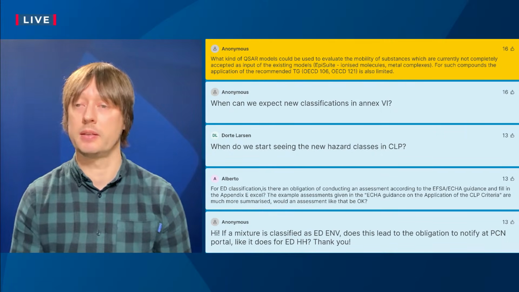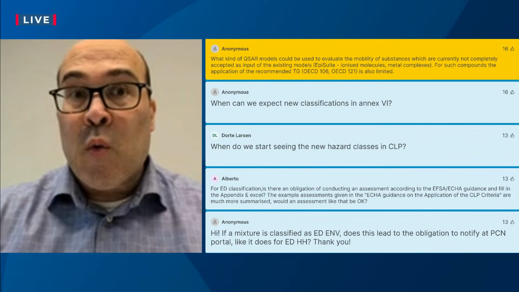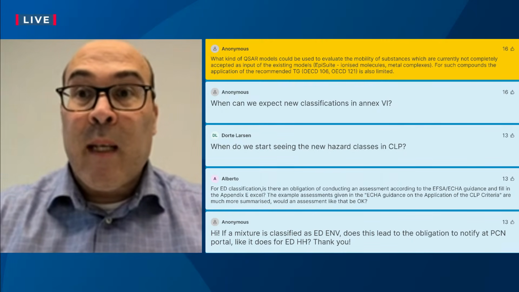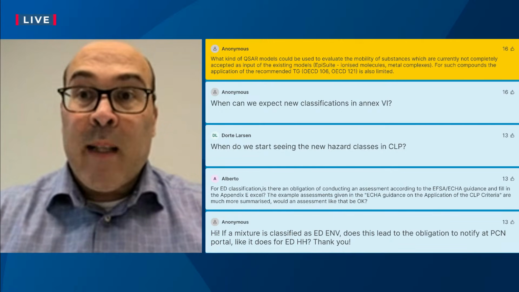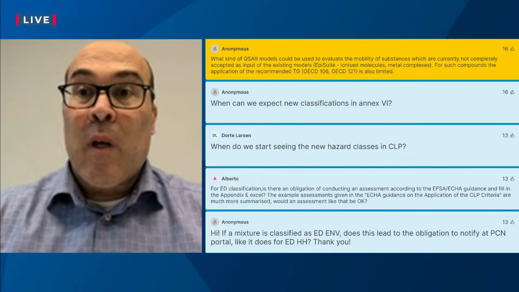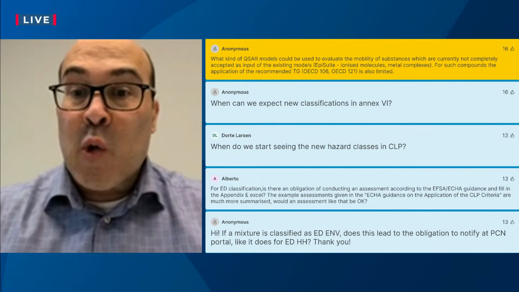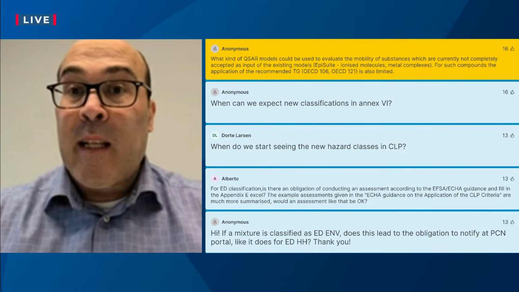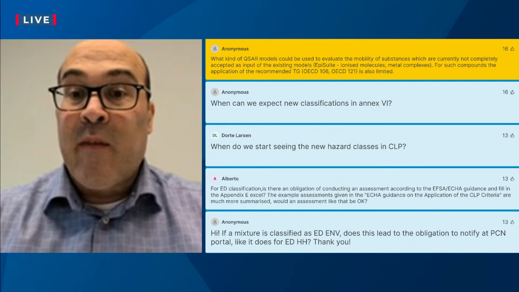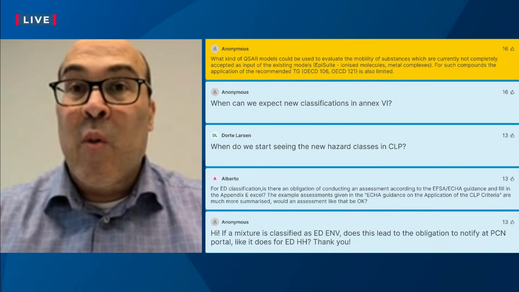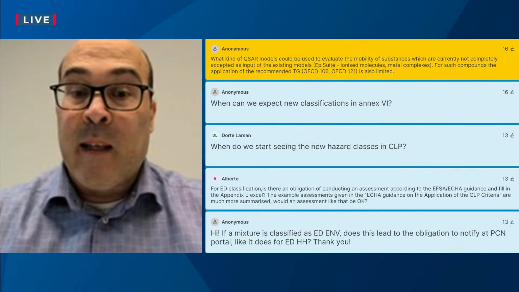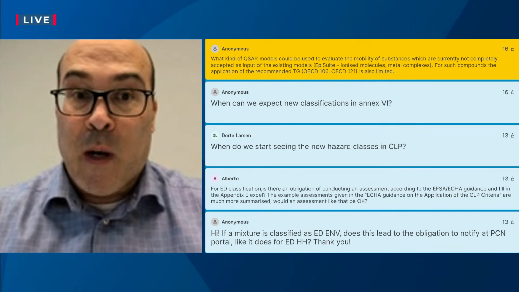Thank you. So on this, I need to just repeat what we have already in the guidance. Basically, in the guidance, we have already some example models, QSARs by name that can be used. But this indeed, as correctly identified in the question, refers to non-ionizable, non-surface active organic substances only.